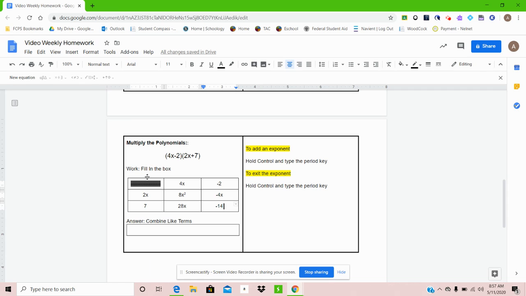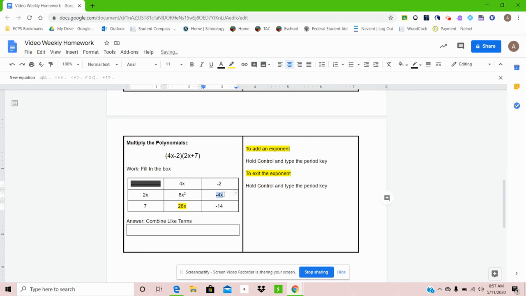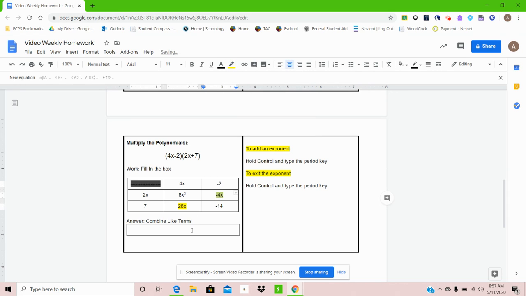Okay, so that is my first. That's how I fill in my box. I'm simply multiplying. Then I need to look at like terms. Well, I notice that this is a like term, and that is a like term with this guy. So I can combine those together. So what am I left with? 8x squared.